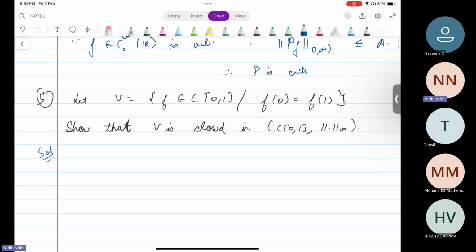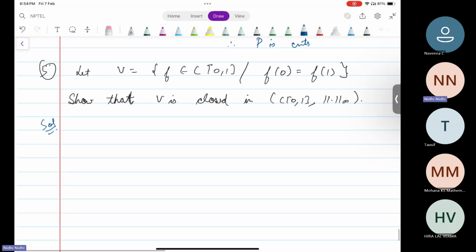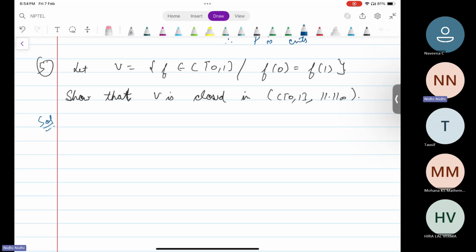So just try it yourself. Start with a Cauchy sequence in the set V. See how it will look. I can give a hint: use the fact that C01 is a Banach space. If you remember, it was done in the class lecture by Kesavan sir that C01 is a closed space, a Banach space basically.